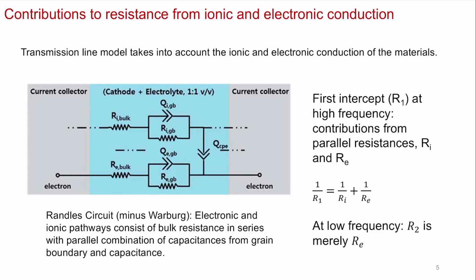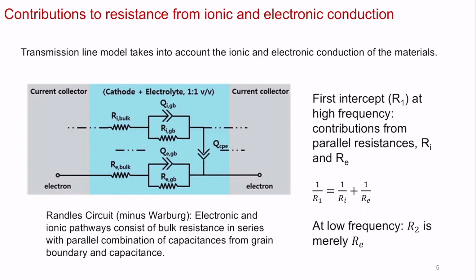All right. So what can you tease out? Well, the first intercept, so we break it down into two semicircles, right? The first intercept, R1, at the high frequency, that's from the parallel resistance of Ri, the ionic conduction, as well as the electronic conduction.